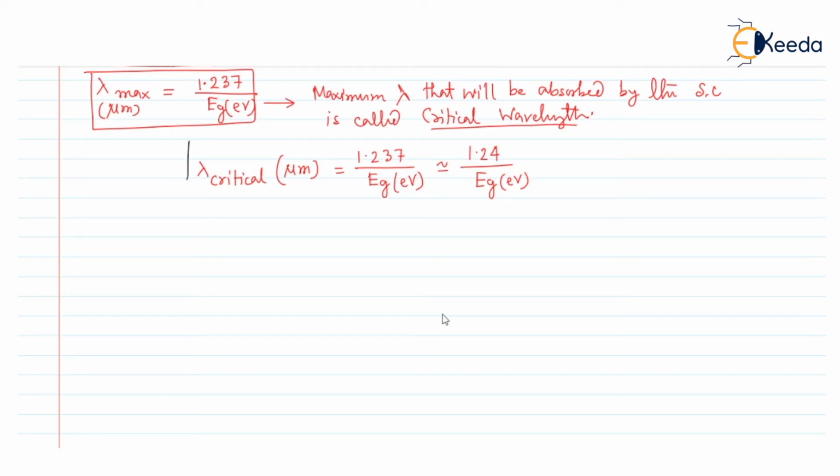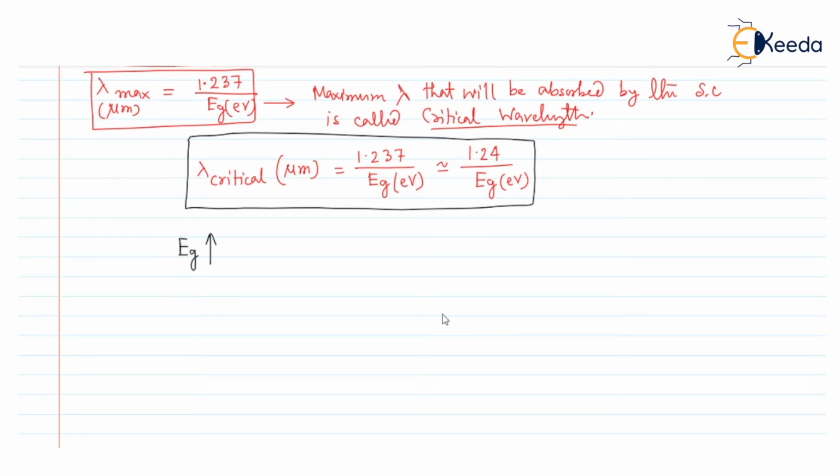This is the equation of the critical wavelength of any semiconductor, and this critical wavelength depends on the Eg. As the Eg, that is the band gap of the semiconductor, increases, then lambda critical will decrease.